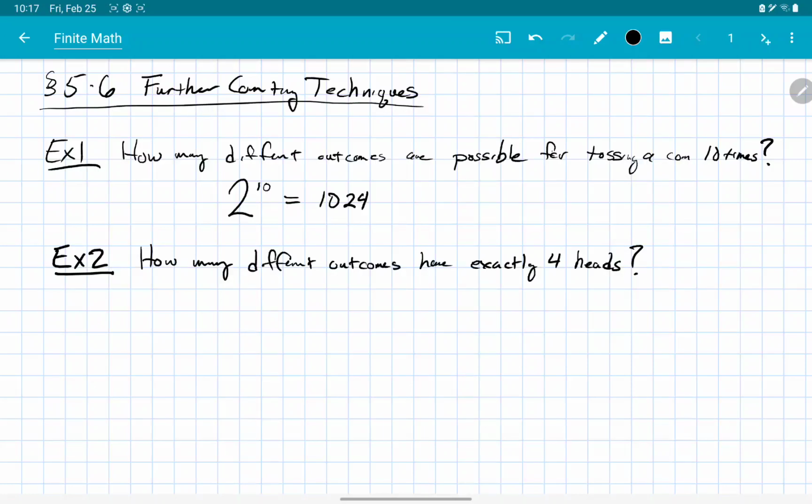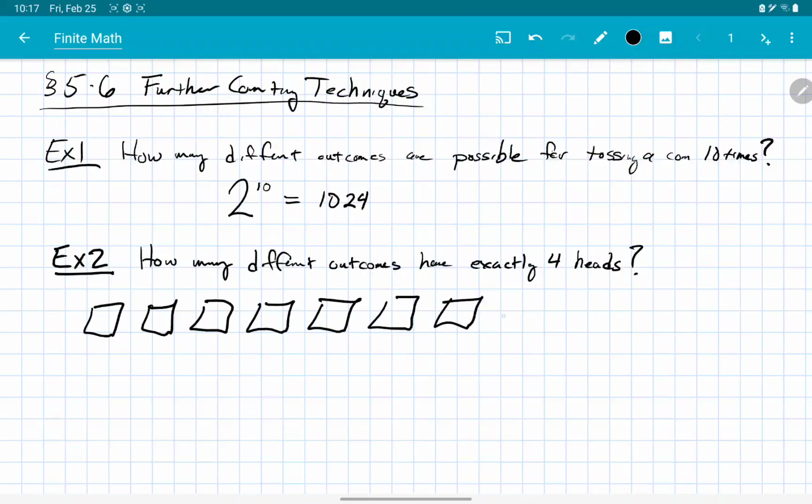So what I like to do is I like to try to maybe draw a picture and try to think about what this would mean, right? So I'm going to draw 10 boxes to represent the 10 possible coin tosses. Okay, so there's my 10 boxes, and I am looking for outcomes that have exactly 4 heads.